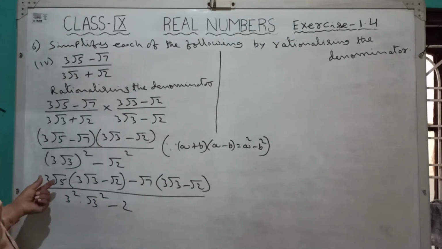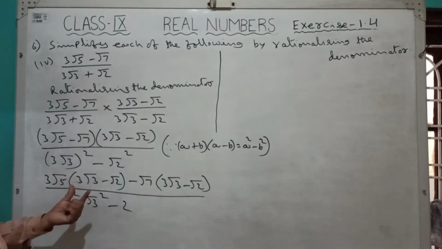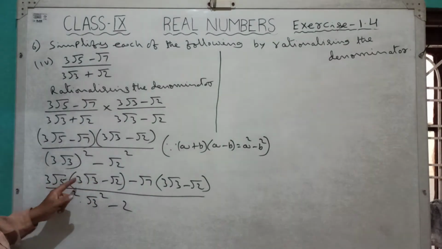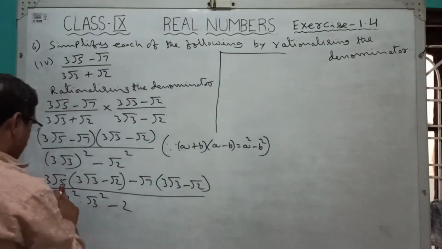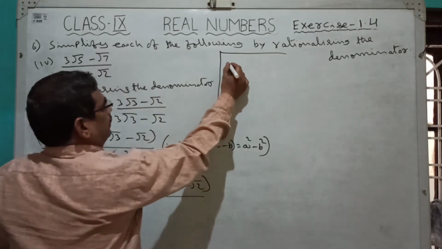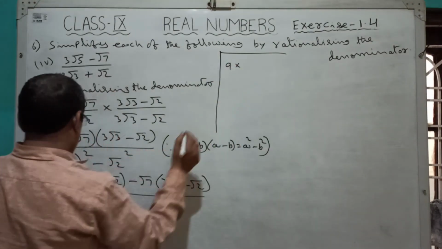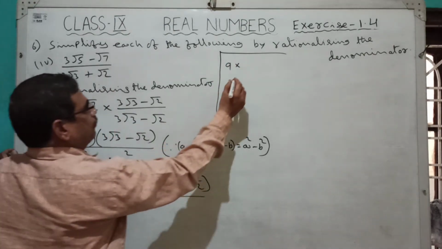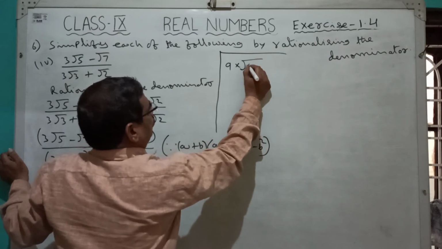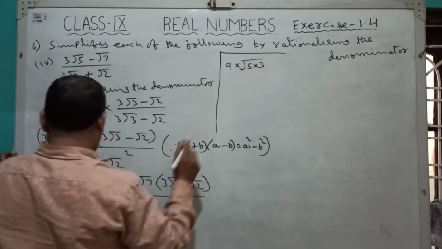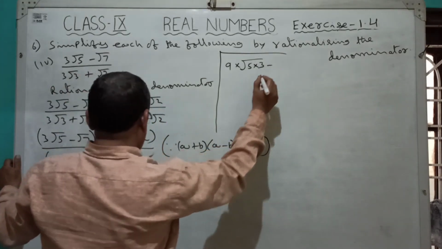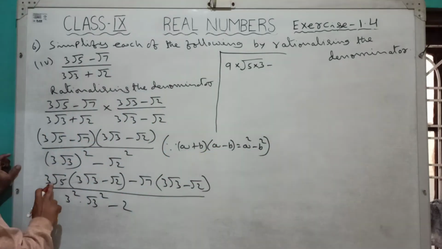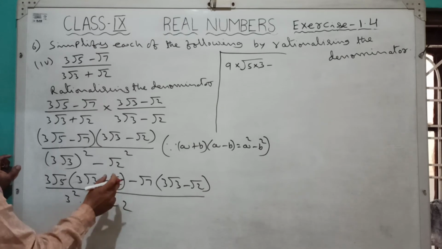So 3 root 5 into 3 root 3. So 3 into 3, 9, into root of 5 into 3. Minus 3 root 5 into this one.